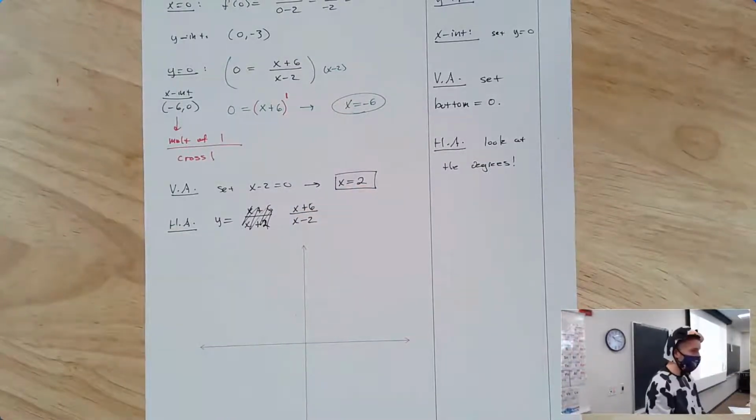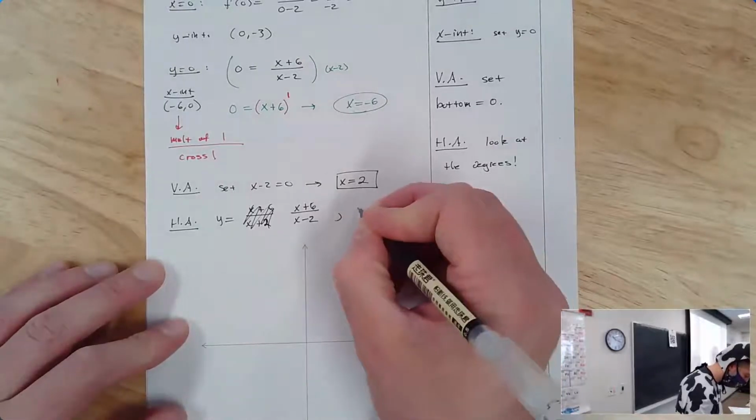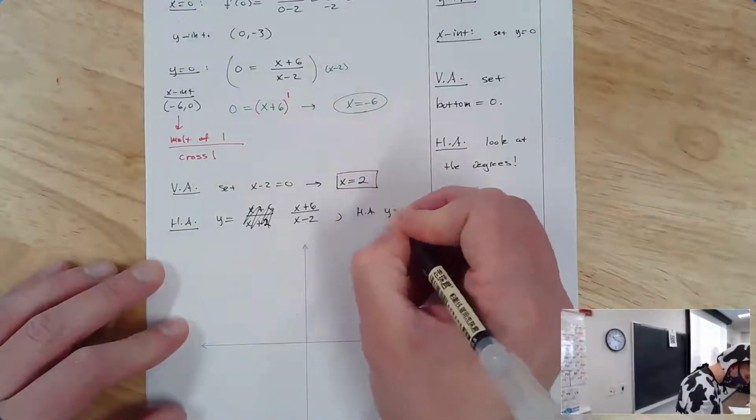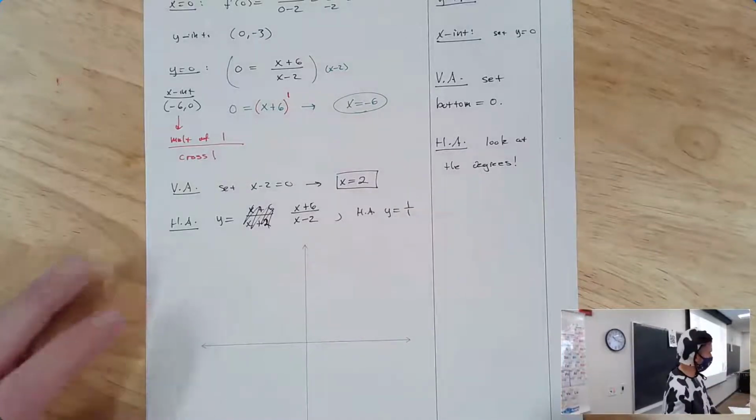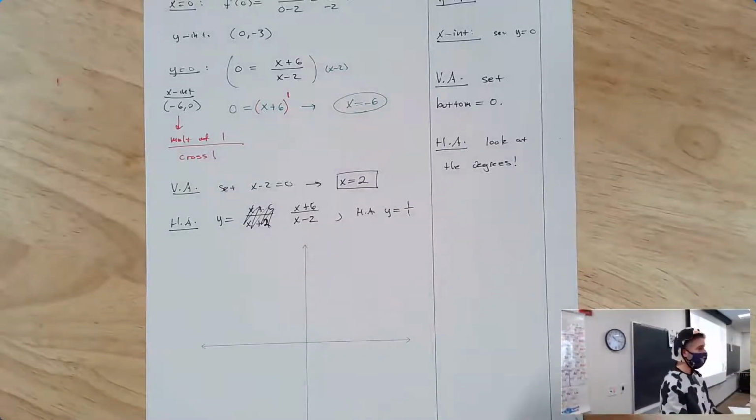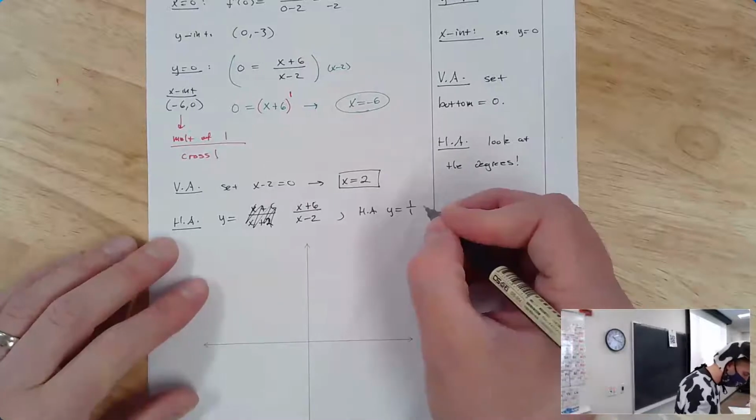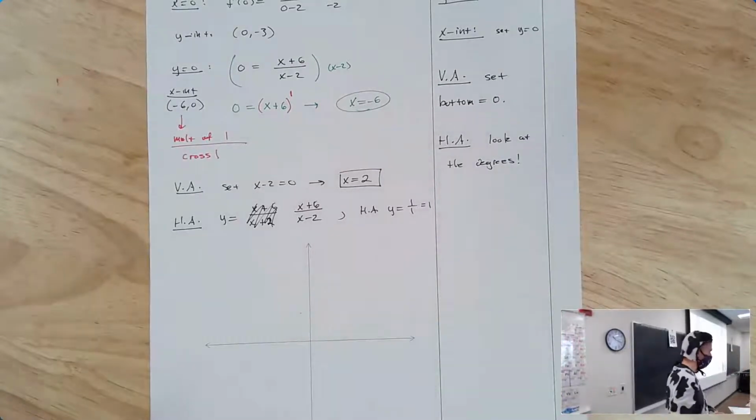The degrees are the same, they're both 1. So the horizontal asymptote is going to be y equal to 1 over 1. The leading coefficient on the top divided by the leading coefficient on the bottom, which is just 1. You don't need to write that step, but I wanted to show you. So you're like, oh yeah, I know it's the quotient.